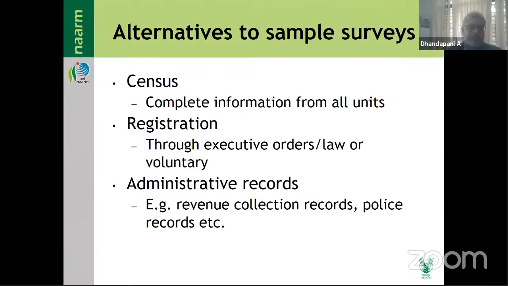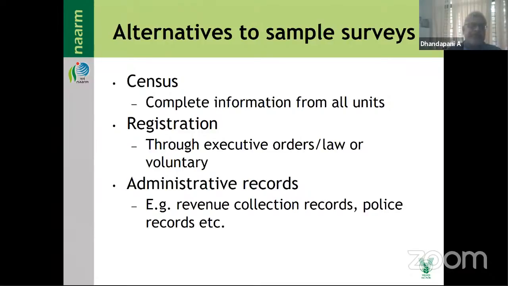You can go for a census. Census means it is for the complete information. But later on we will see that a census will also have some kind of issues. Other than being costly, there are other issues associated with it.